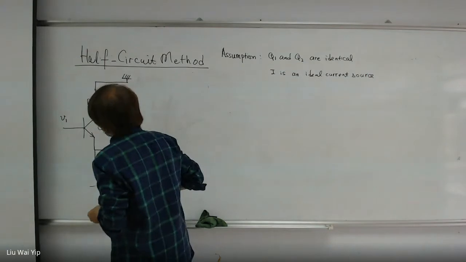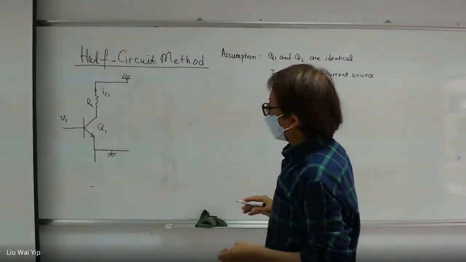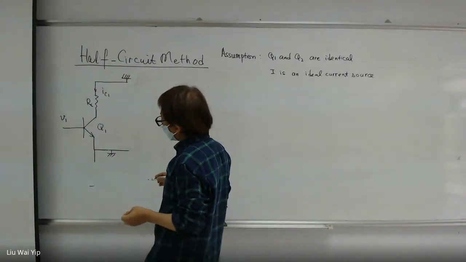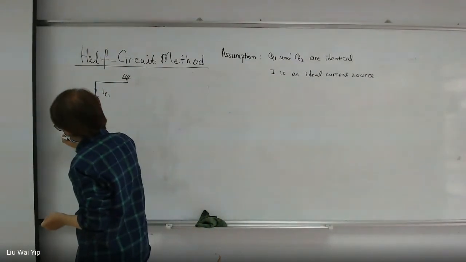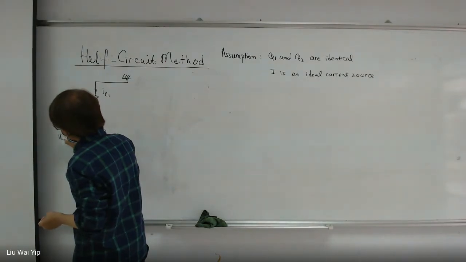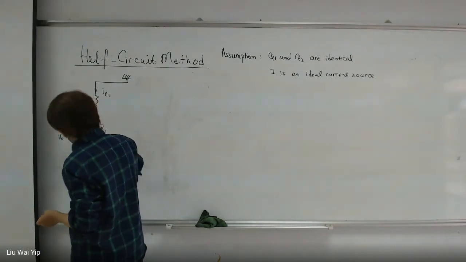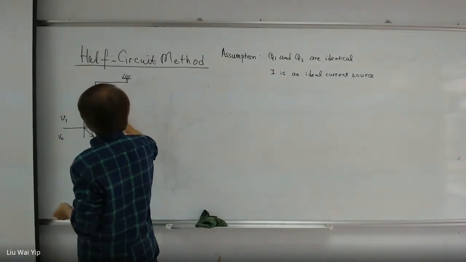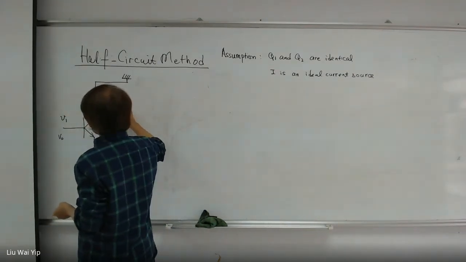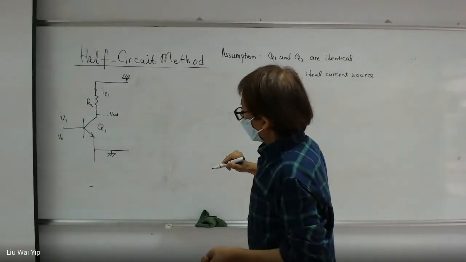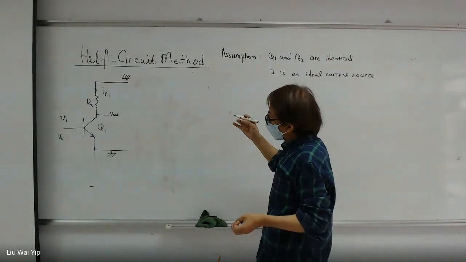IC1. And the next thing you are going to do is to replace the input and output. The input voltage is treated as VD, and the output is Vout. VD means the differential input voltage.